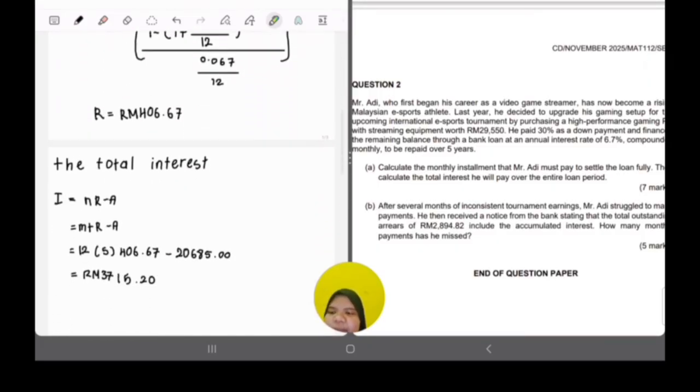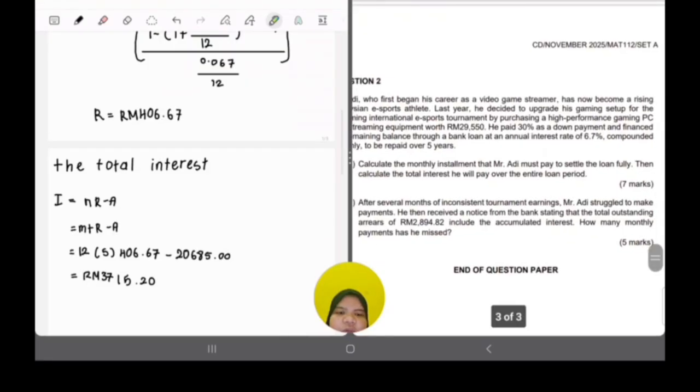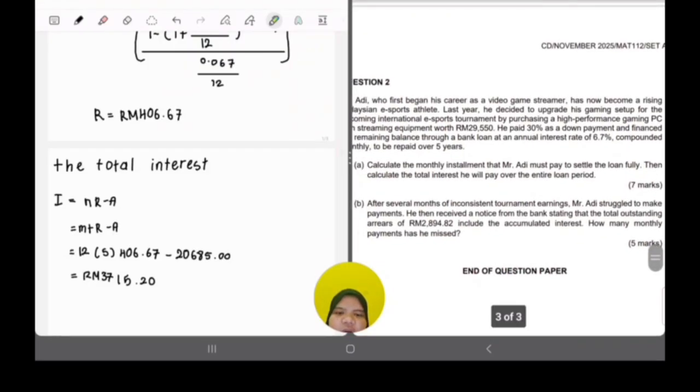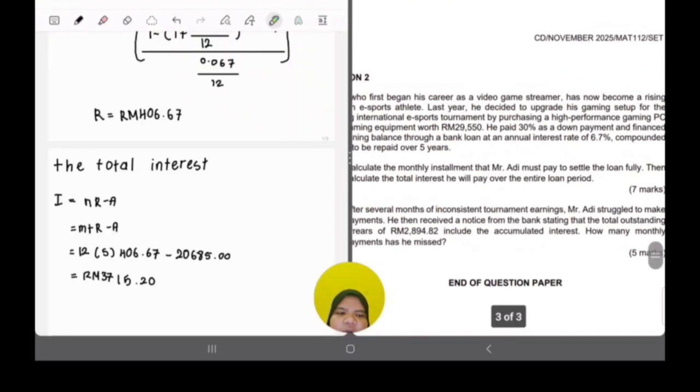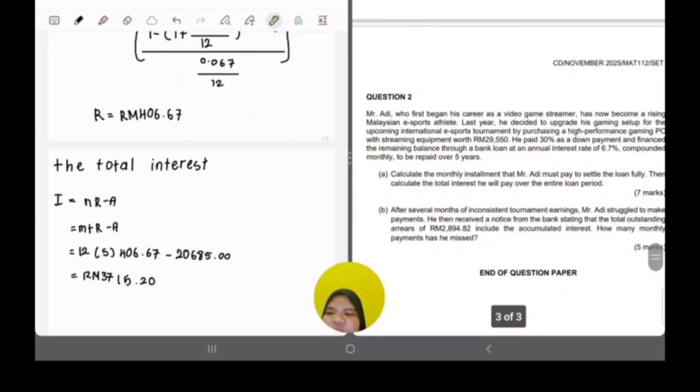and that is the monthly installment that Mr. Adi needs to pay. Now going to the second thing, which is to calculate the total interest he will pay over the entire loan period. The total interest that he needs to pay is 3,715.20 cents.